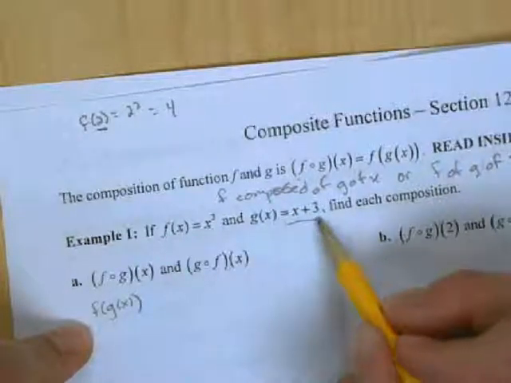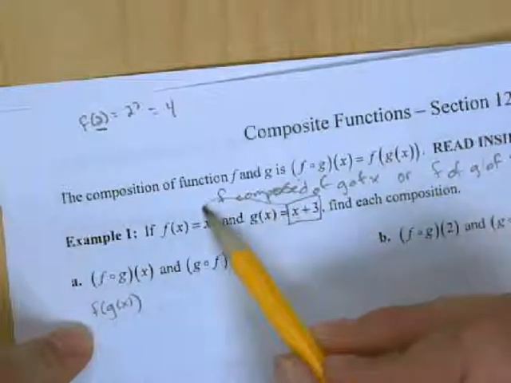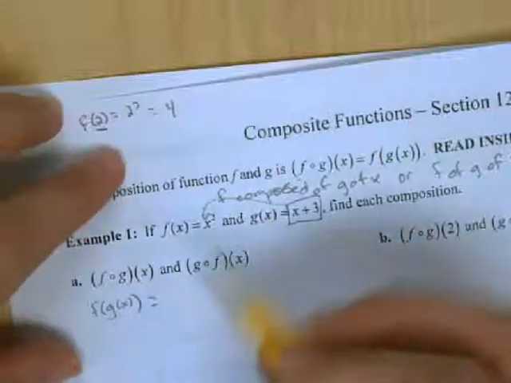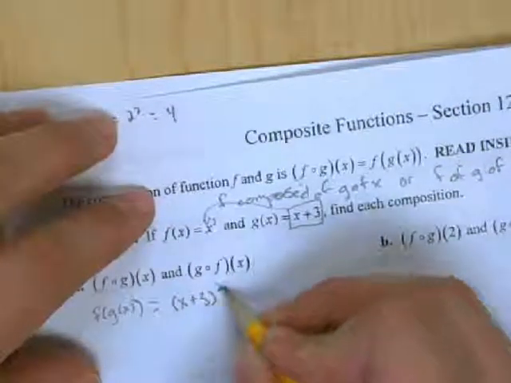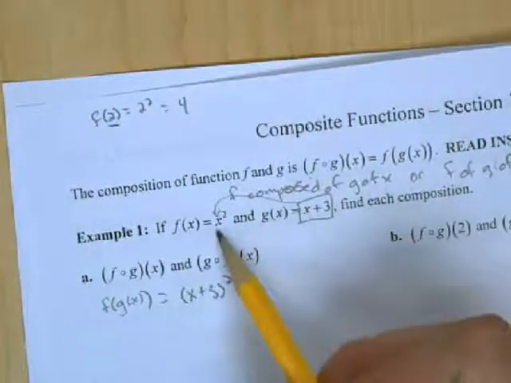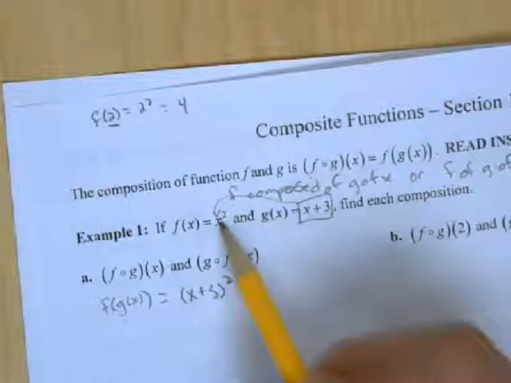It's X plus 3. So we're going to take X plus 3, and we are going to substitute that in for X. So instead of X squared, I get X plus 3 squared. Okay, so we take this X out, we put X plus 3 in its place. Just like if I wanted to do F of 2, I would take the X out, I'd put a 2 in its place. 2 squared is 4.